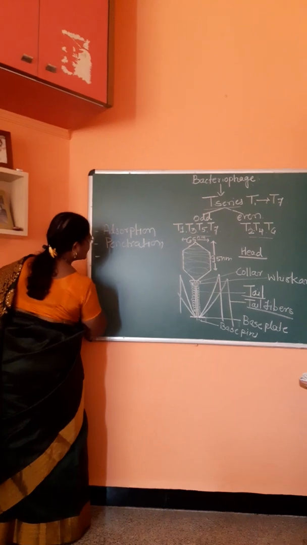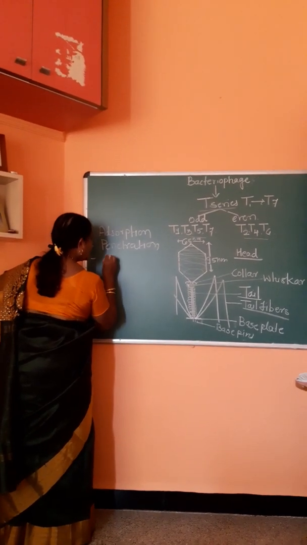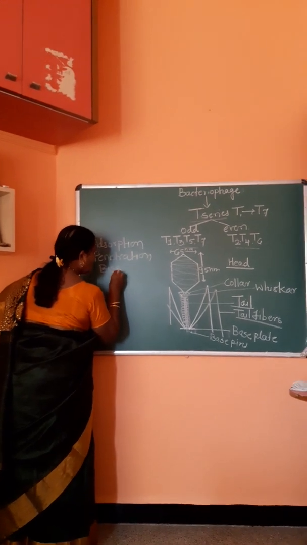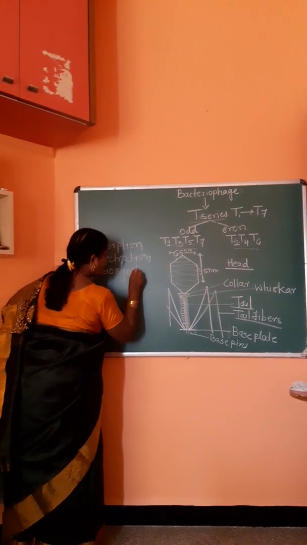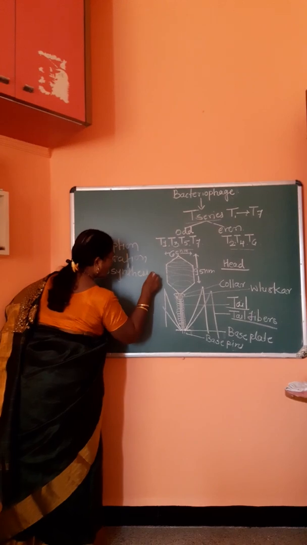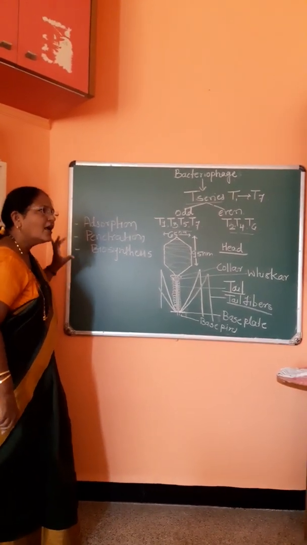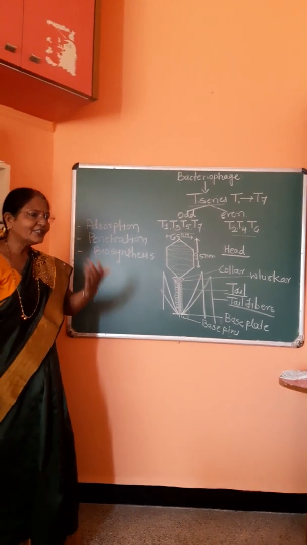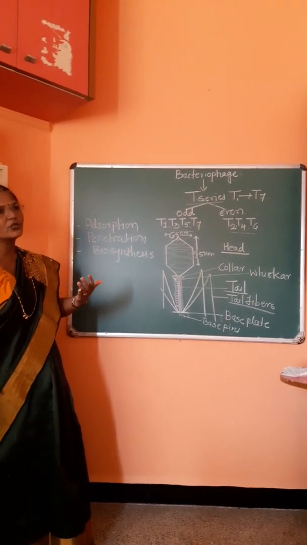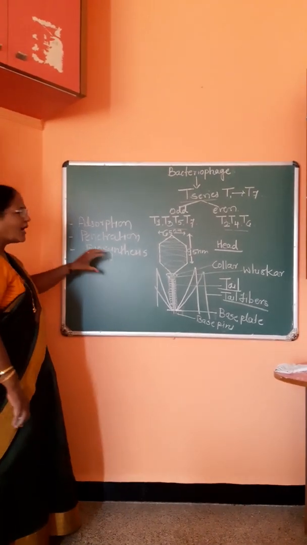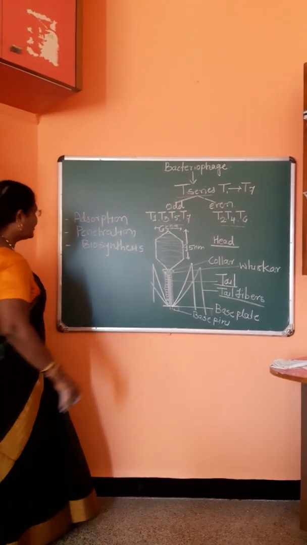The third step is the synthesis of viral particles, called the biosynthesis phase. After adsorption and penetration of the genetic material, the viruses start to synthesize their own structural parts as well as their own genetic material, and that phase is called the biosynthesis phase.